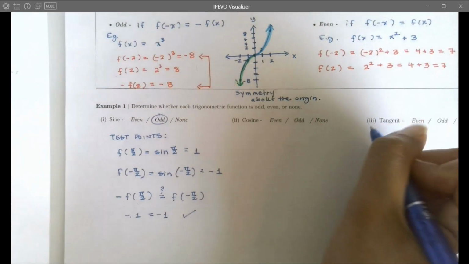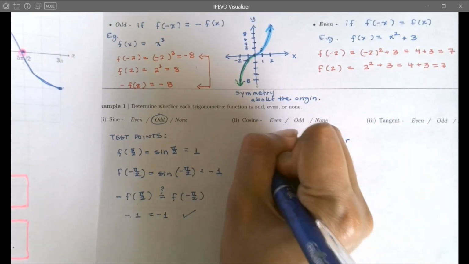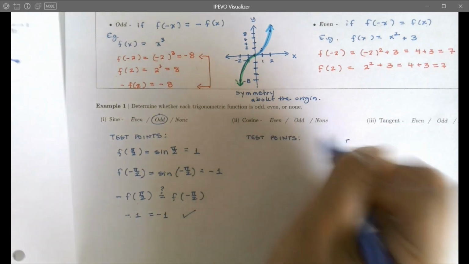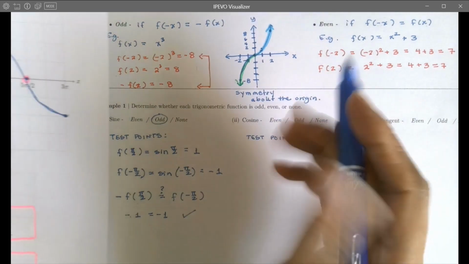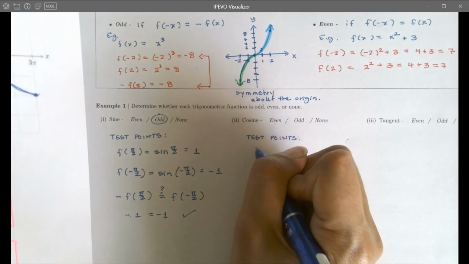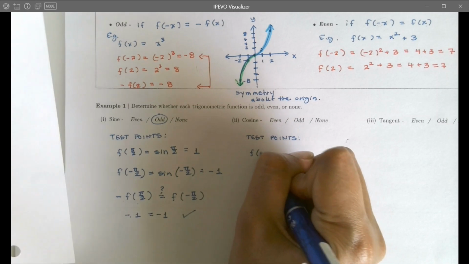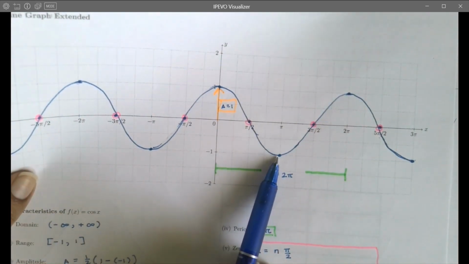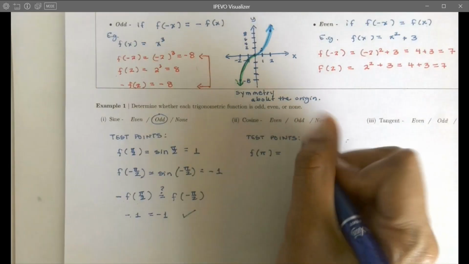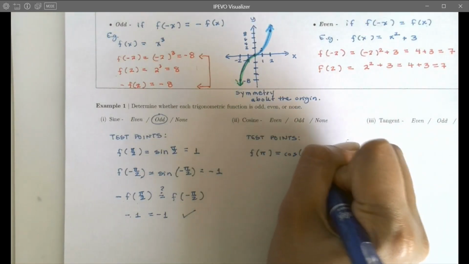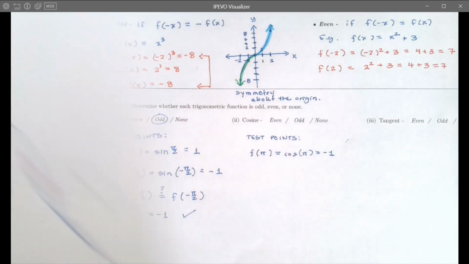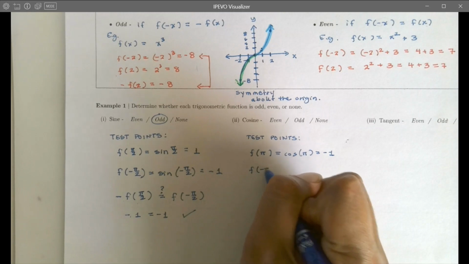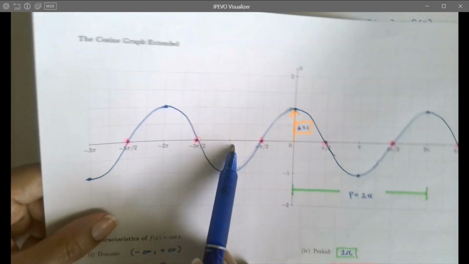but we can just take a look at some points. If I try, for instance, f of pi, or cosine of pi, it gives me negative 1. And then if I plug in f of negative pi, well, here's negative pi.